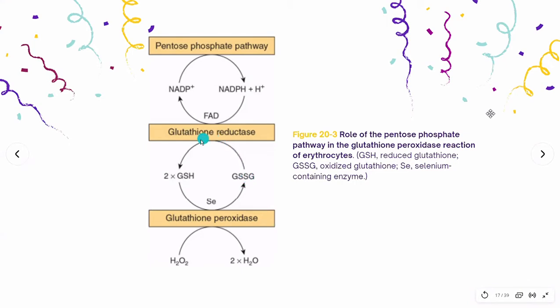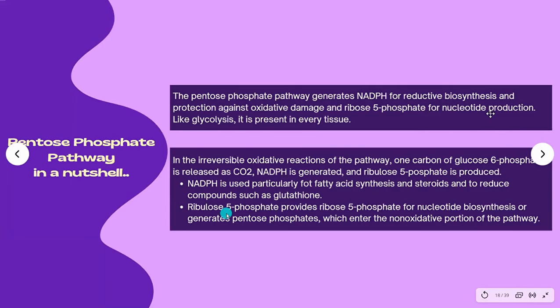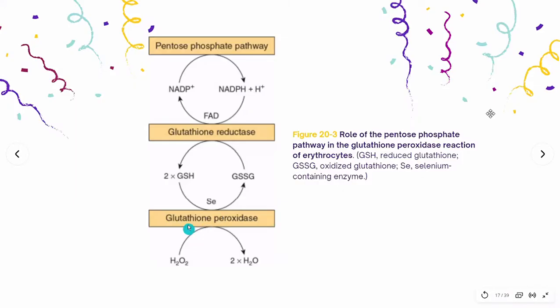It becomes reduced by glutathione reductase, and you have now reduced glutathione, which acts on your hydrogen peroxide again through the enzyme glutathione peroxidase.